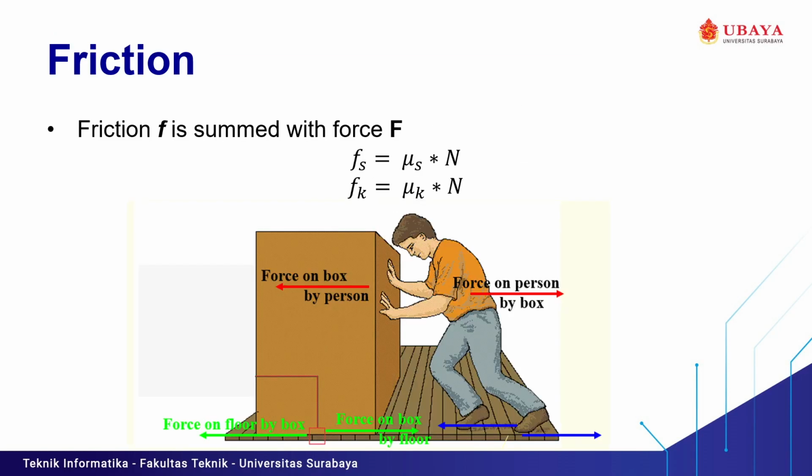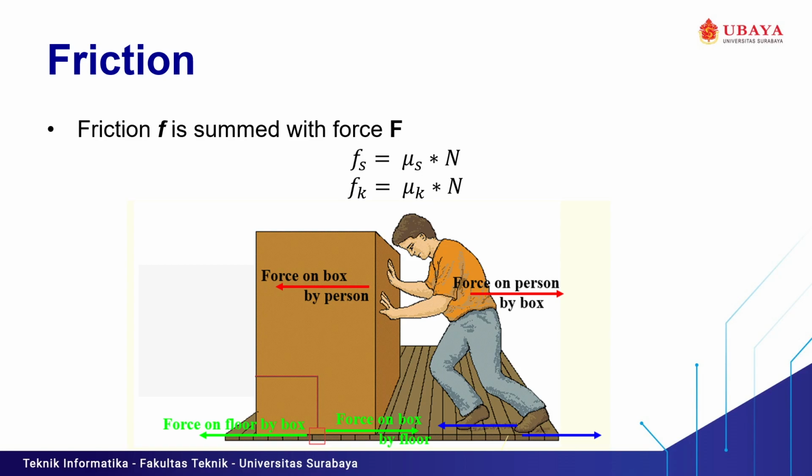By the implication of the third law, now we are introduced to friction. A friction happens when two objects are not really colliding with each other. So for example, we have a person pushing a box on a floor.